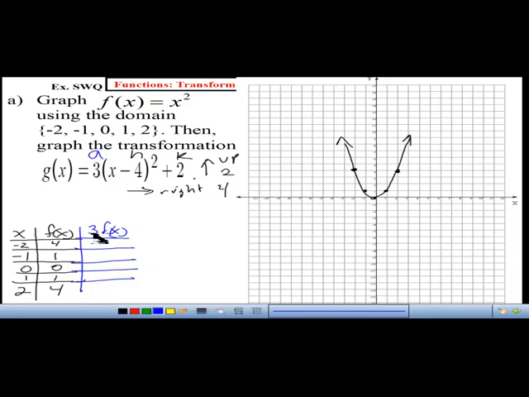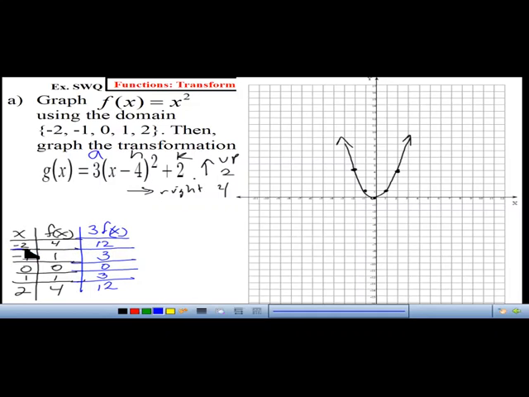So let's see. What is 3 times f of x, which is 4, 12. 3 times 1, 3. 3 times 0, 0. 3 times 1, 3. 3 times 4, 12. Let's graph that to see if it stretched it or compressed it.